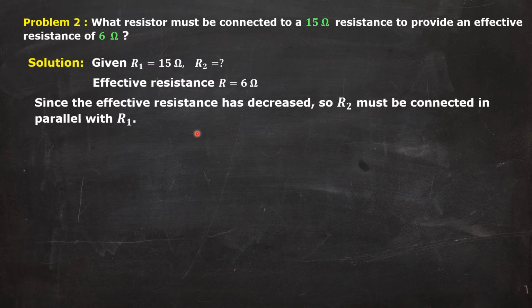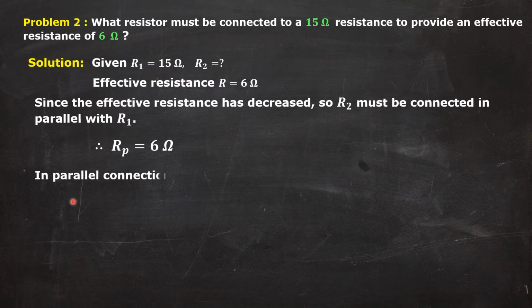That means the resistor whose value we are going to find must be connected in parallel with the R1 15 ohms resistor. Okay, so Rp is equal to 6 ohms. That means this is the equivalent resistance when these two resistors are connected in parallel.